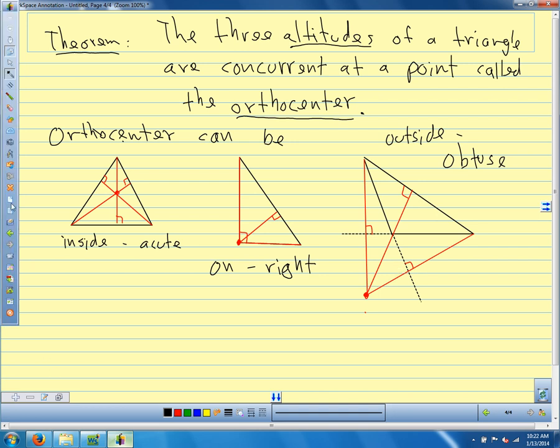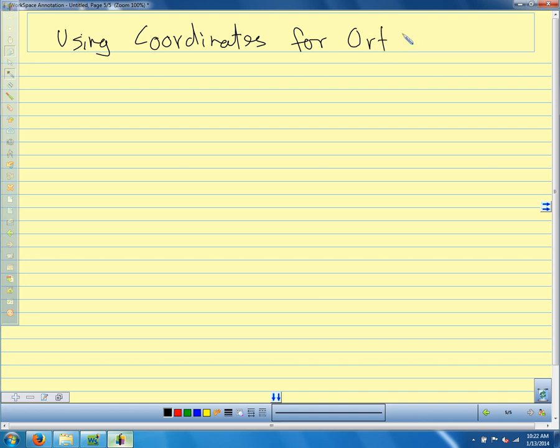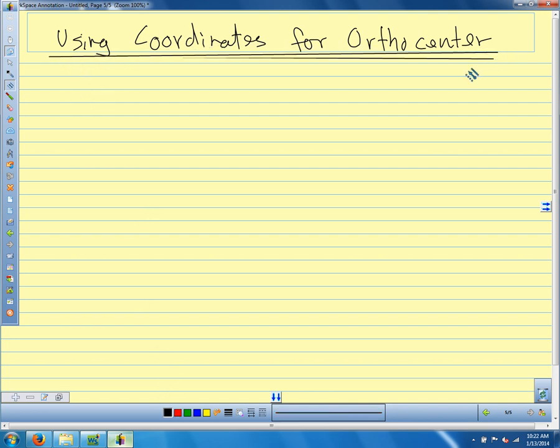So I want to do an example of that. I'm going to write up our steps here, and we'll do an example following these steps.